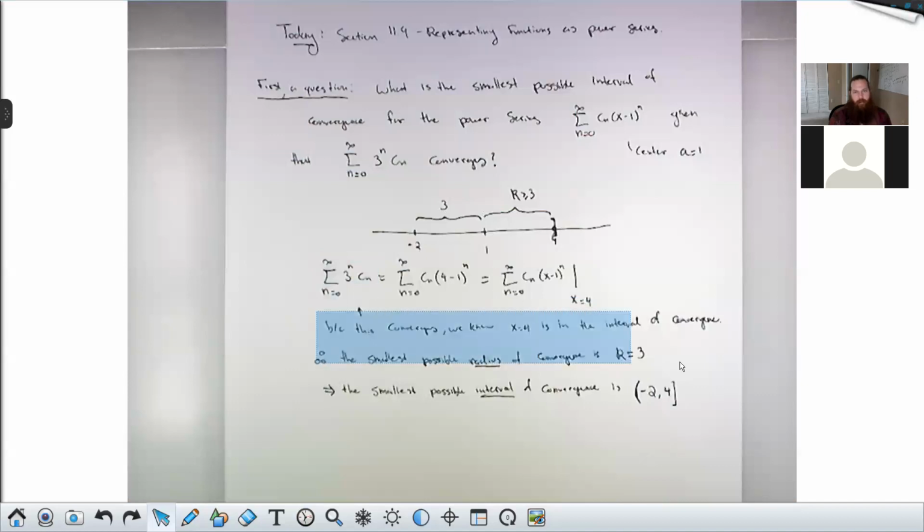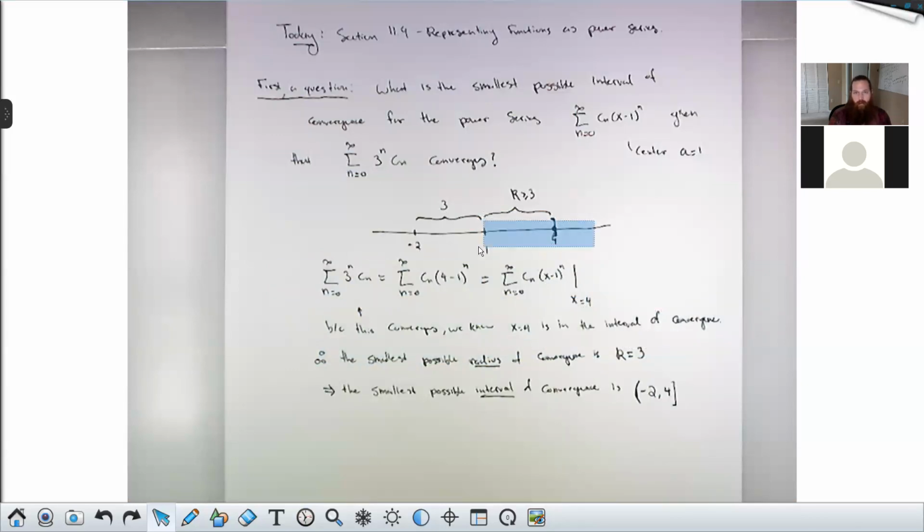That means that x equals 4 is in the interval of convergence, because the interval of convergence is all the x values such that my series converges. Since my series is known to converge when x equals 4, because my series when x equals 4 is this series, 4 has to be in the IOC. If 4 is in the IOC, then the IOC stretches from the center to 4, at least.